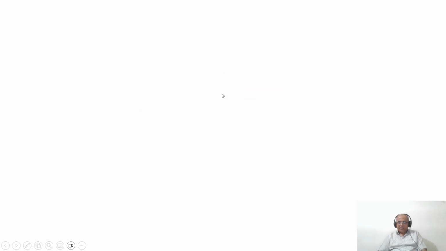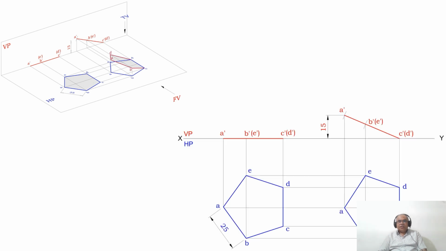Then, how to write this in a two-dimensional sketch? Now, you take any convenient position for C dash and D dash. You take any point and mark that point as C dash and D dash. Then, from the XY line, you measure 15 mm and draw a horizontal line.